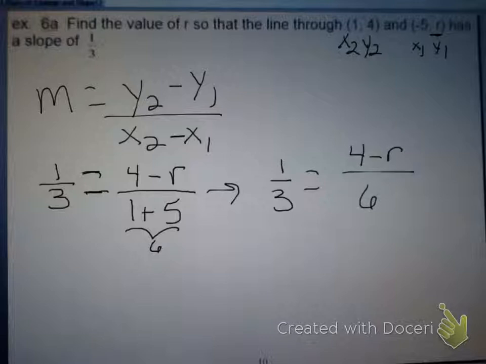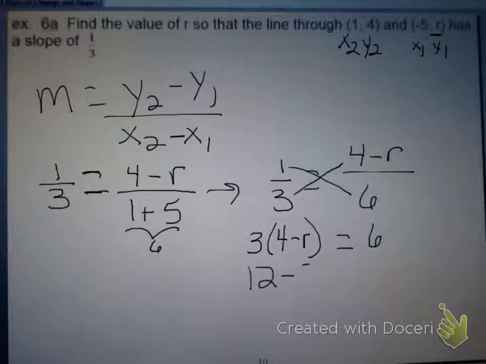Now this is a proportion. We know how to solve proportions. I'm going to cross multiply. 3 times (4 minus r), I need to put the 4 minus r in parentheses, is equal to 1 times 6, which is 6.